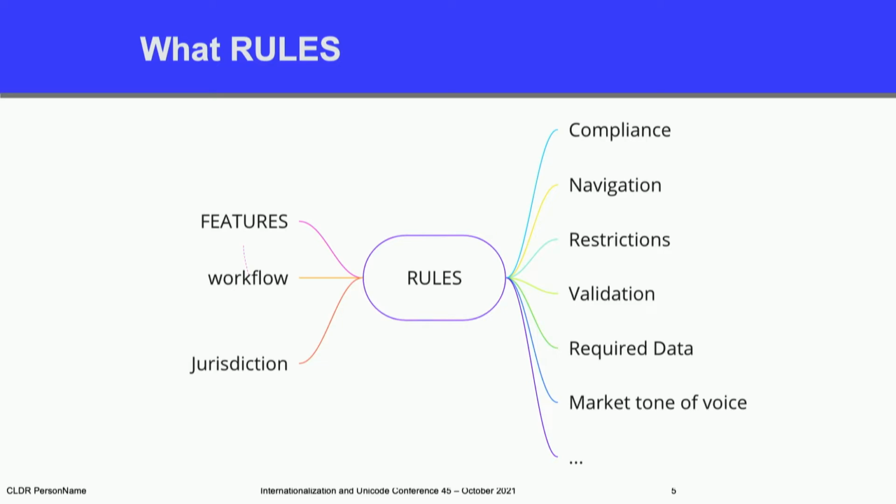And also, your rules that pop out are restrictions. So restrictions can be in the validations of what a user can and can't enter. User-generated content rules: there might be legal restrictions about what can and can't be displayed.